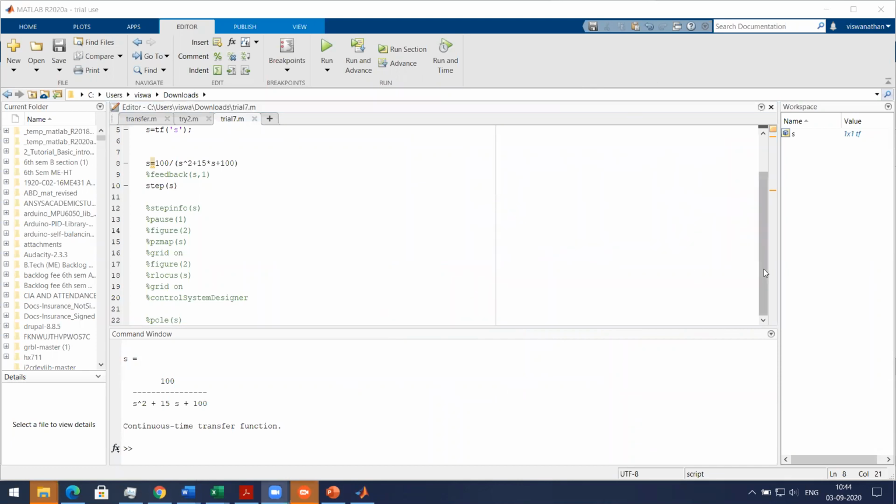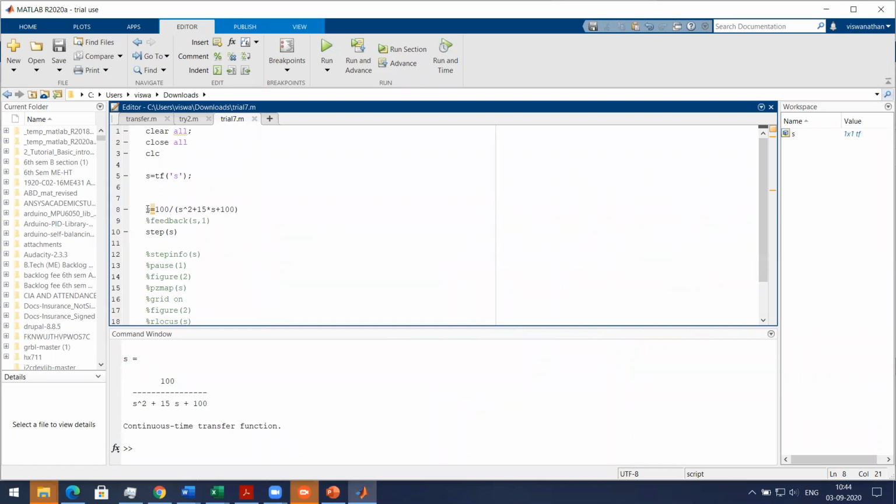Here you have a system, the transfer function is 100 divided by S square plus 15S plus 100. Can you calculate omega n from this?